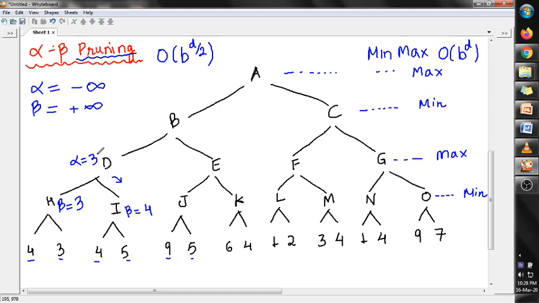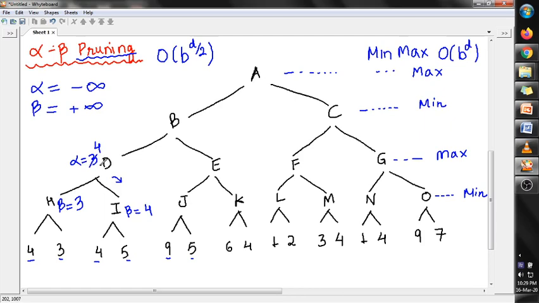So you need to change the value of alpha from 3 to 4, because alpha always takes the maximum value available in the children. So here 4 is the greater value, so we need to change the previous value of alpha from 3 to 4.